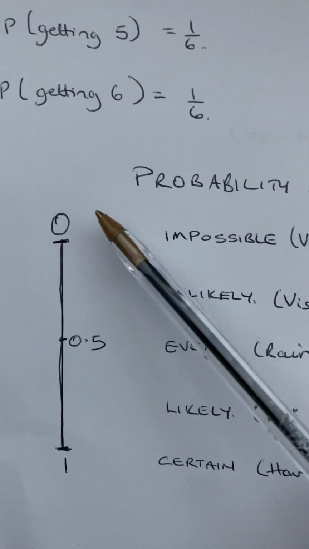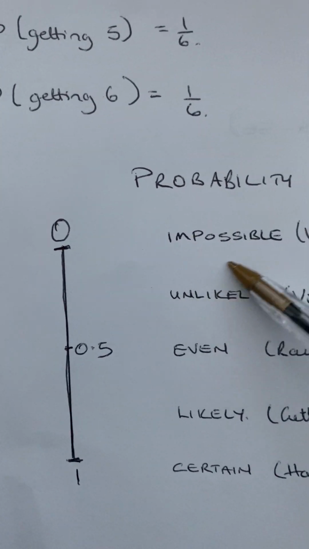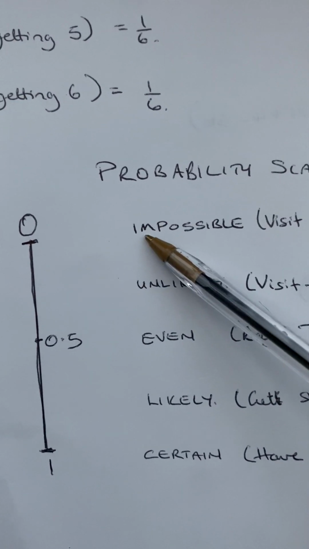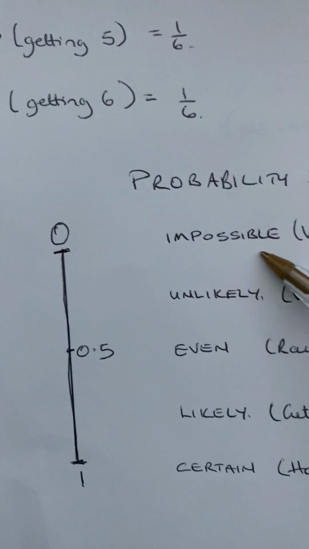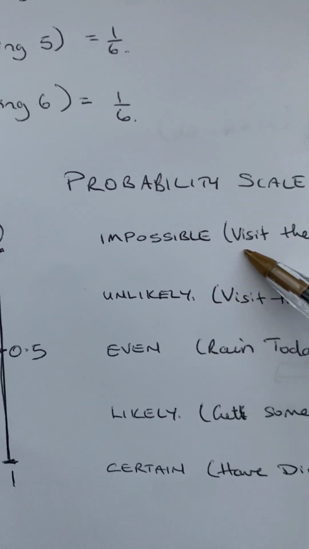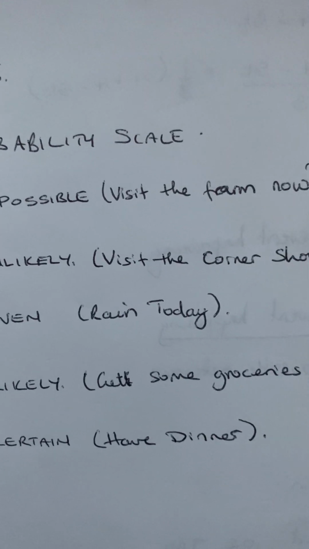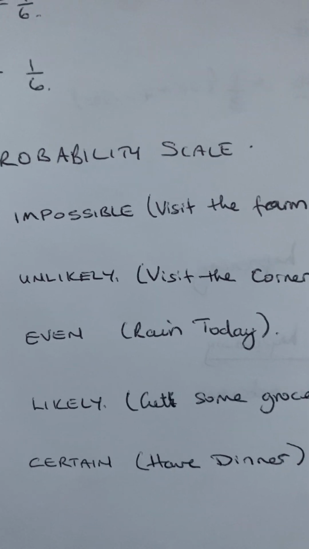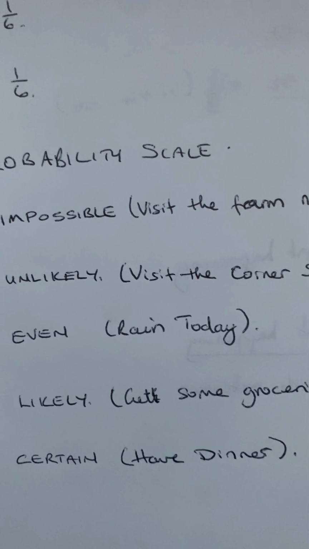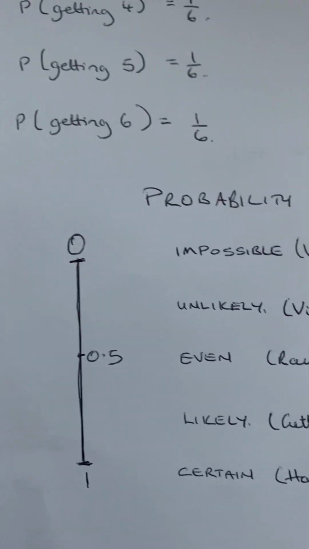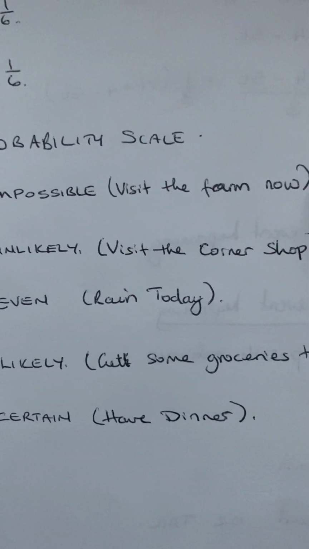Now, when it's 0, it's an impossible event. So at this time of the day, I will not be able to visit a farm now. I won't. So it's an impossible event.